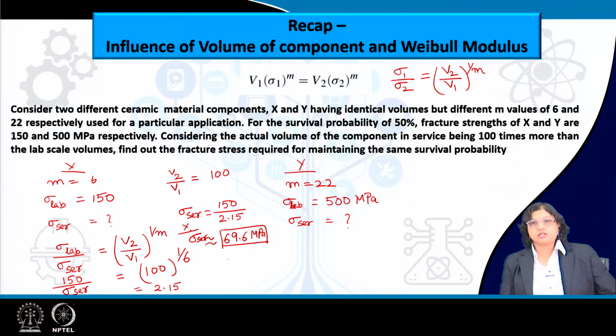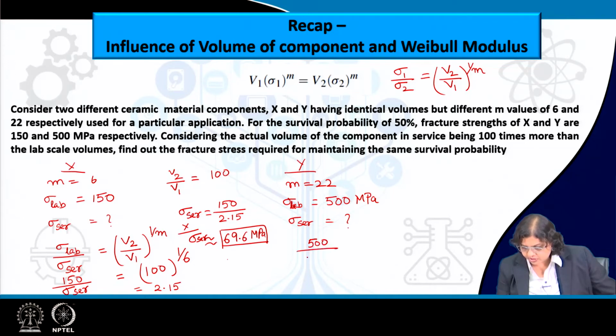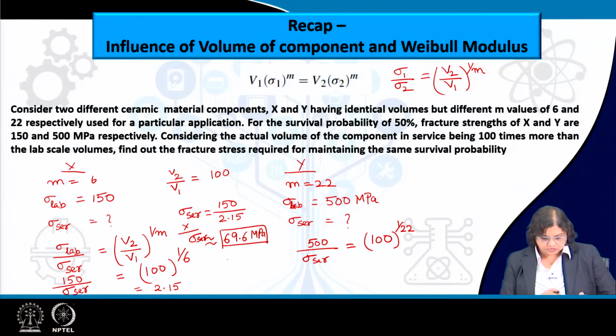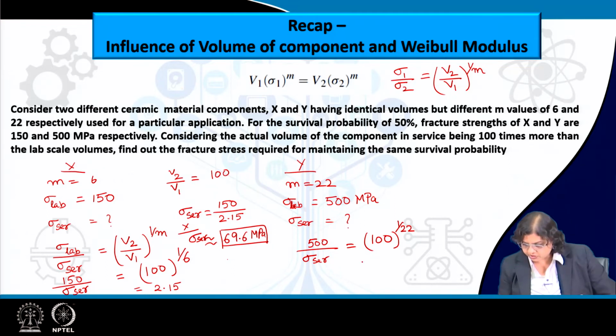Okay. Now, let us solve this for condition y, and what we see here is 500 by sigma service is given by 100 to the power of 1 by 22. So, 100 to the power of 1 by 22 is equivalent to 1.23.